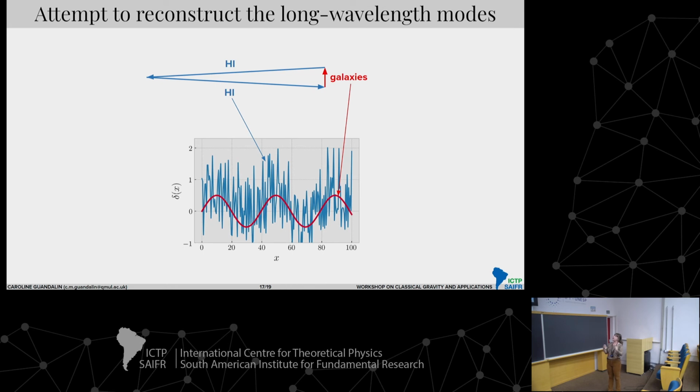So what we try to do is basically to reconstruct the modes that we lost due to foregrounds in the 21 centimeter intensity mapping. As I was mentioning, for the intensity mapping survey, you are losing the very large scales. So you are only retaining the very large k modes. So you only access very large k Fourier modes here.